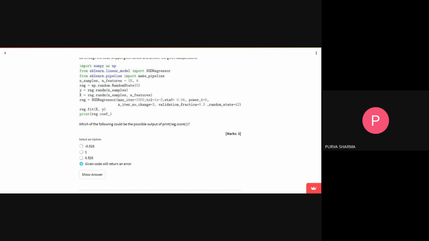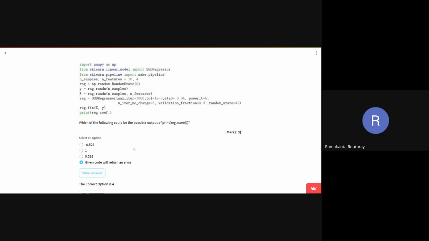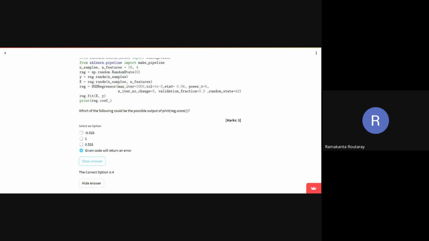And since there are no parameters here, it will be an error. We should be passing in a feature matrix and a target vector to calculate the score.